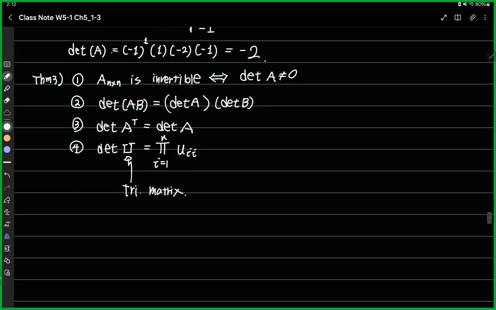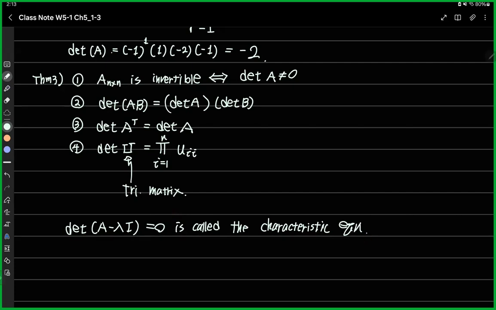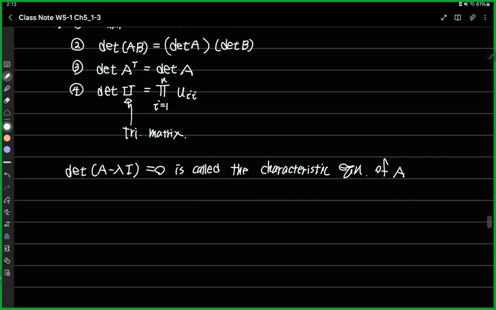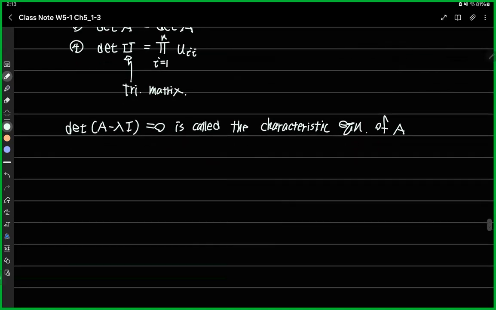And then the determinant of A minus lambda I equals 0. This is called the characteristic equation of matrix A. For the example, this is just simple calculation, so let me skip the example for this one.